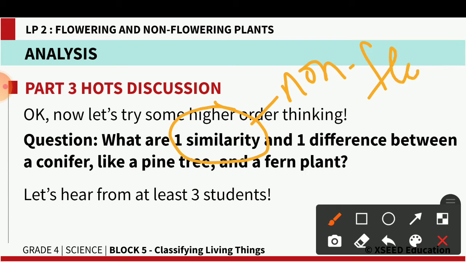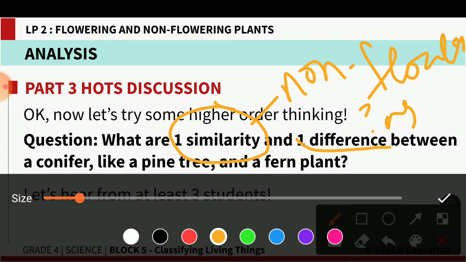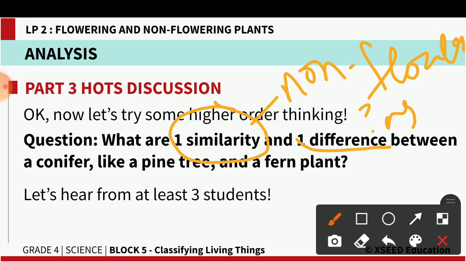This is the first and foremost similarity that we observe in a pine tree and a fern plant. Then they are even asking to write the difference. The difference is that the two plants get differentiated from each other in their reproductive structures.